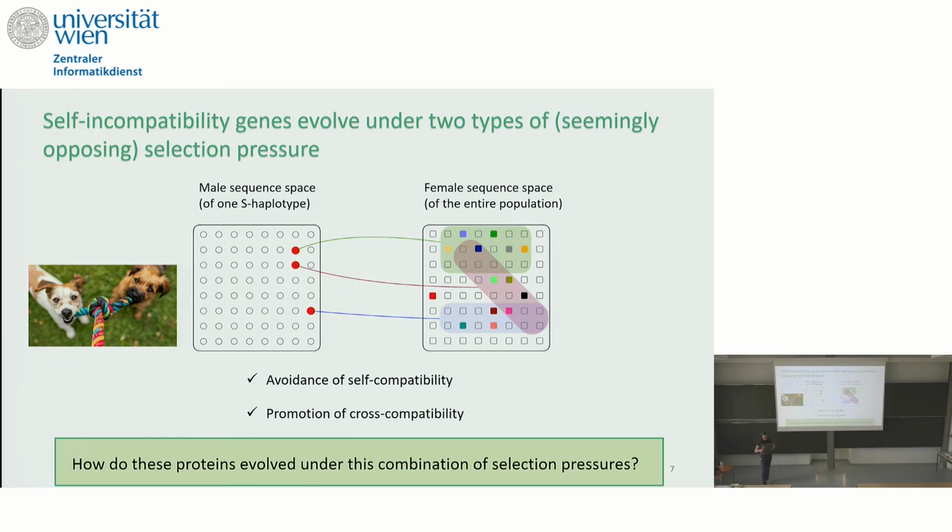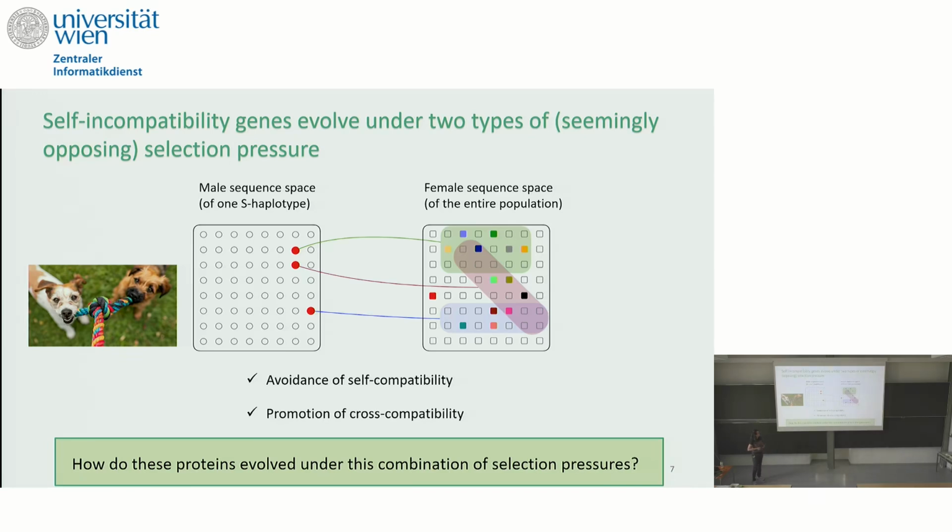So the two types of selection pressures that we have here are, on one hand, avoidance of self-compatibility, which means avoidance of the red square, the self-female protein. But on the other hand, promotion of cross-compatibility.